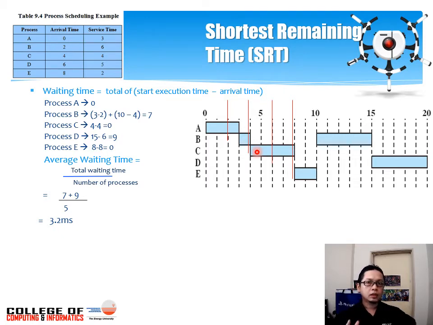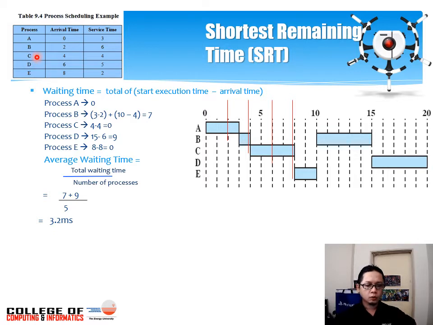So between 3 and 5, of course, C is smaller, so C executes one more slice. So the remaining time for C up to this point is 2, while the remaining time for B is still 5, and then up to that point, D arrives.